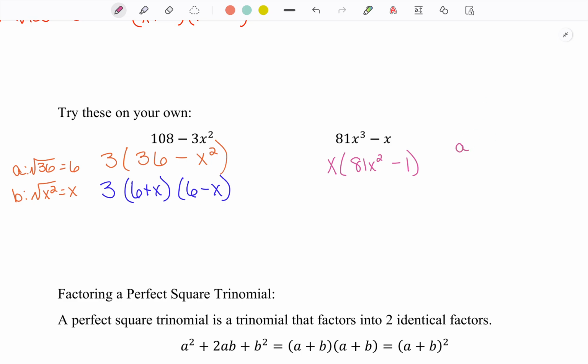So for a, you should take the square root of 81x squared, which gives you 9x. And then for b, that gets you the square root of 1, which is 1. So we have x and then 9x plus 1, and then 9x minus 1.